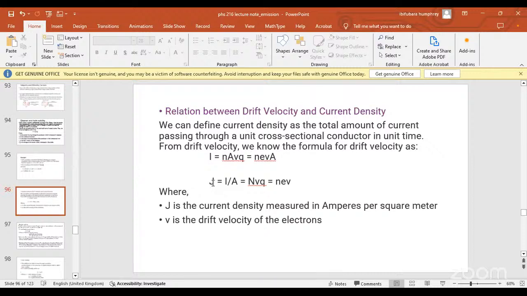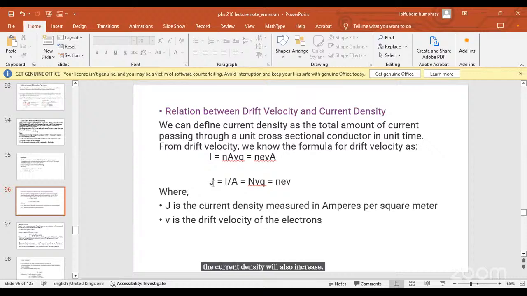The current density is directly proportional to drift velocity. As the speed of the electrons increases, the current density will also increase.